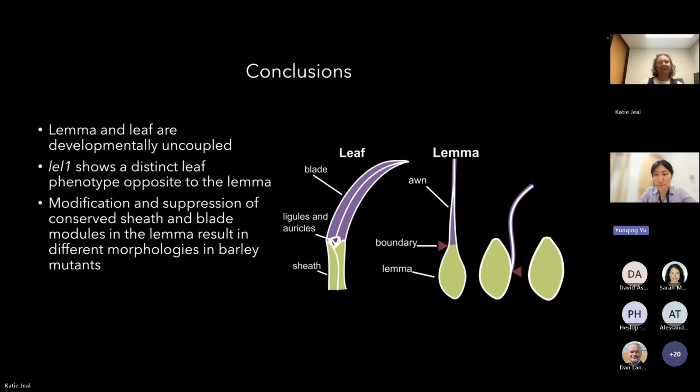There's another question from Jennifer Smith, and she asks if you know the gene or candidate genes that may cause this leafy lemma phenotype. So we're working with other groups. Groups in Germany and Japan are a bit further ahead, and it's been narrowed down to chromosome 2H, but there might be other factors involved.